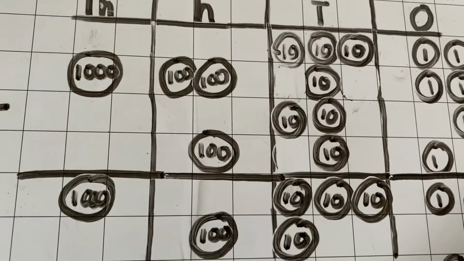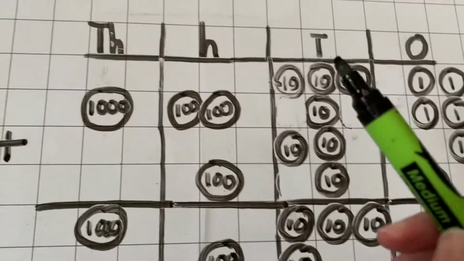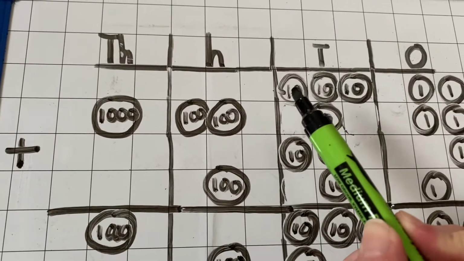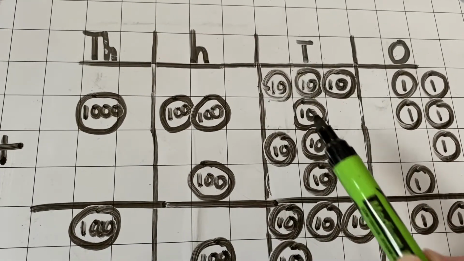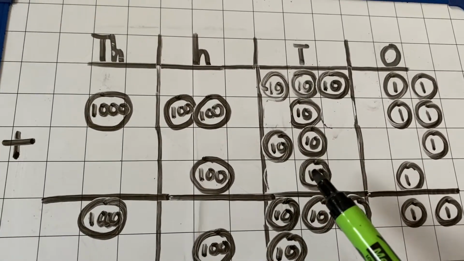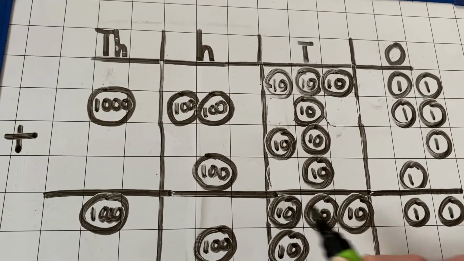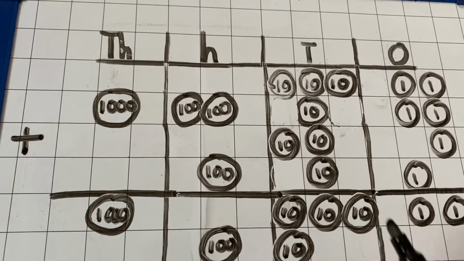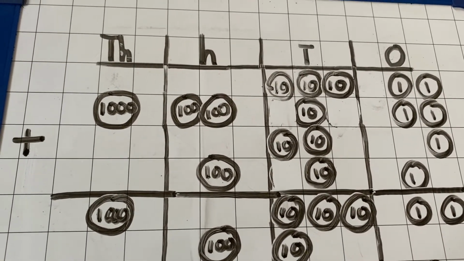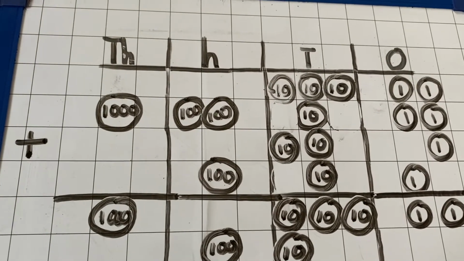Next, we need to add the tens columns. So, looking at the tens column, we have 10, 20, 30, 40, 50, 60, 70, 80, 90, 100, 110. Therefore, we need to make an exchange.